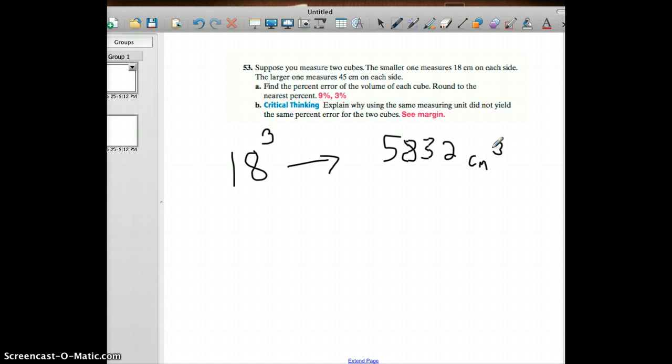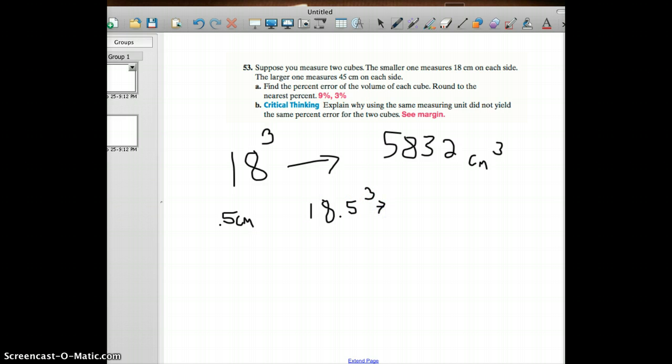So if we had a half an inch error, which would be 0.5 centimeters error, that would give us a side length of 18.5 centimeters, and we take that to the third power as well.